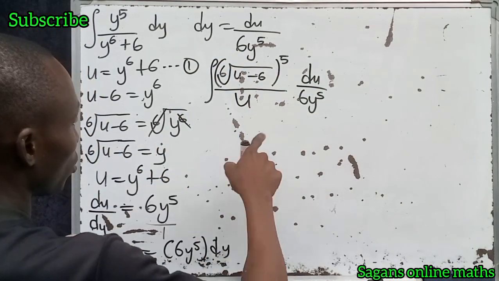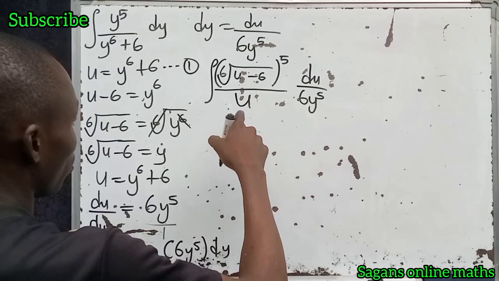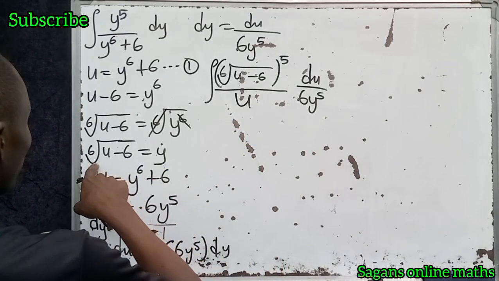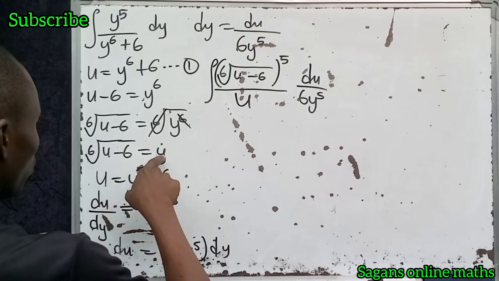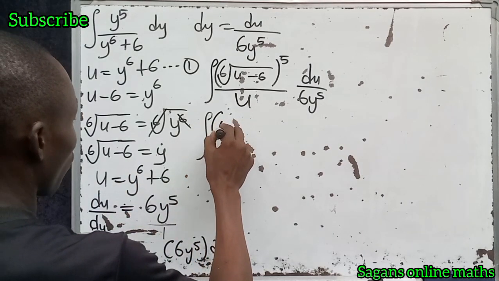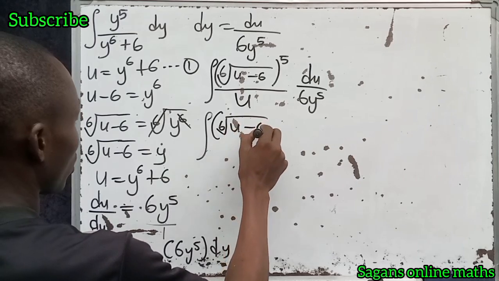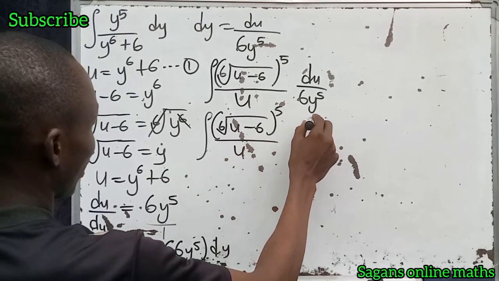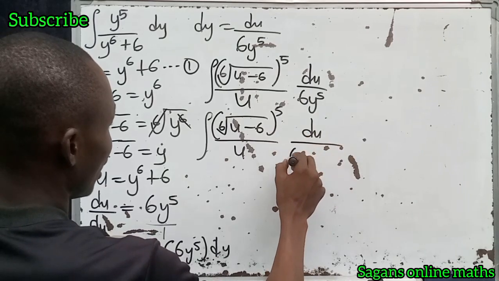Now, don't forget that I want to remove anything in y and represent it in u. But we know that our y is the 6th root of u minus 6. So now this is the integral of the 6th root of u minus 6 all to the power of 5 divided by u, then multiplied by du divided by 6 times y.